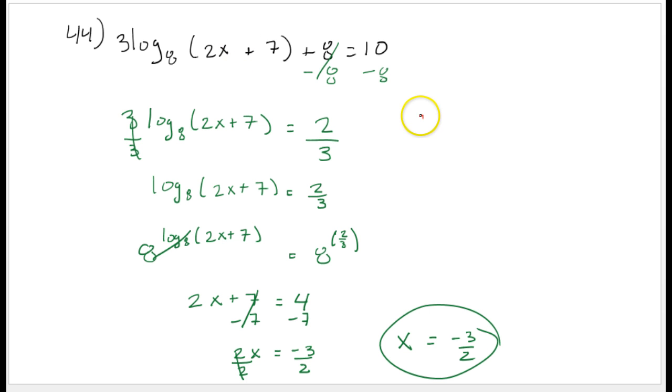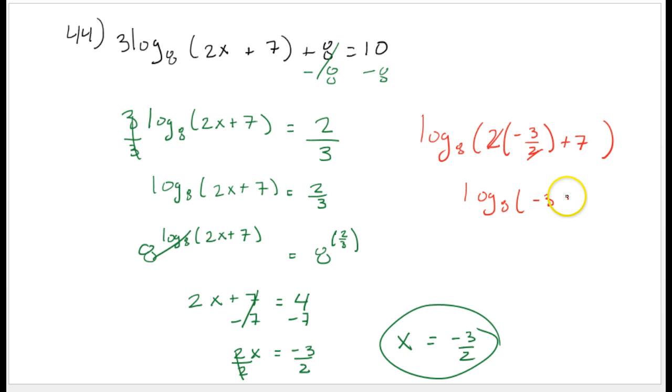So let's look at that real quick. 2 times our x value, negative 3/2, plus 7. These 2's are going to cancel out, so I'm really just left with negative 3 plus 7, which is just log base 8 of 4. So you see, I don't get a negative number inside my log, so this is perfectly okay. This is a correct answer.